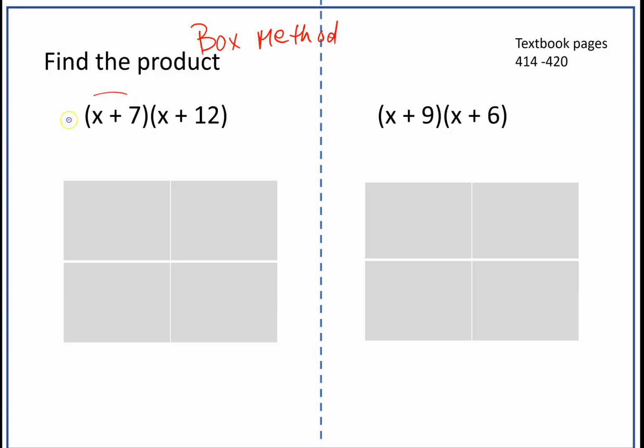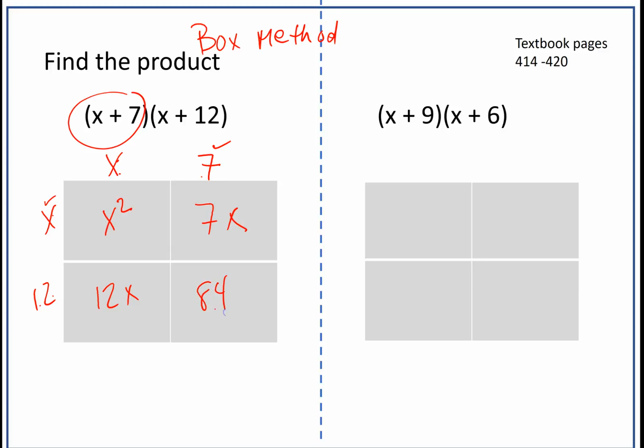Okay, so we take our binomial, we put x and 7 here, we put x and 12 here. So we come here and we say, what's x times x? It's x squared. What's x times 7? We get 7x. And then we take 12 times x, and we get 12x. And then we take 12 times 7, and we get 84.